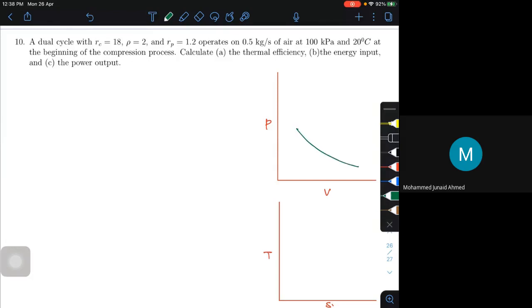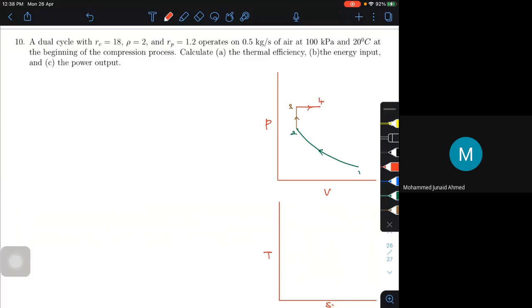Then constant volume heat addition from 2 to 3, a straight line. Then constant pressure heat addition, a part of it, from 3 to 4.